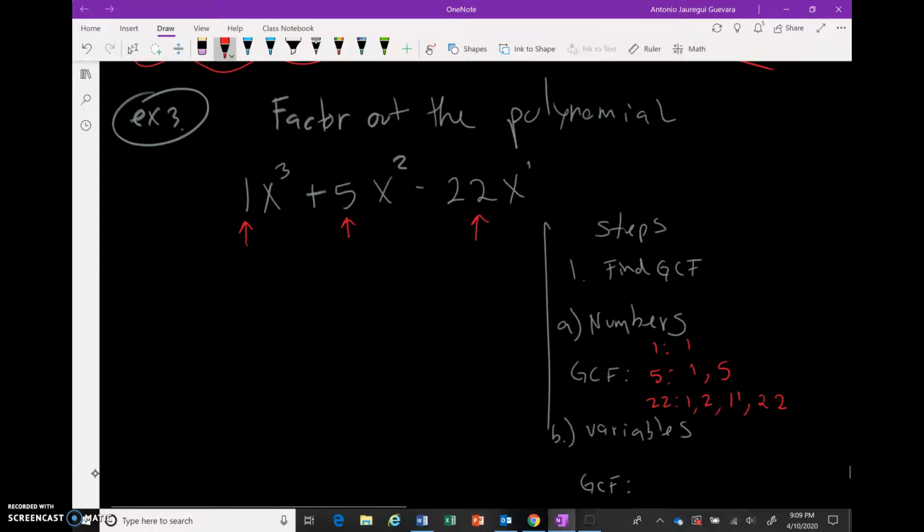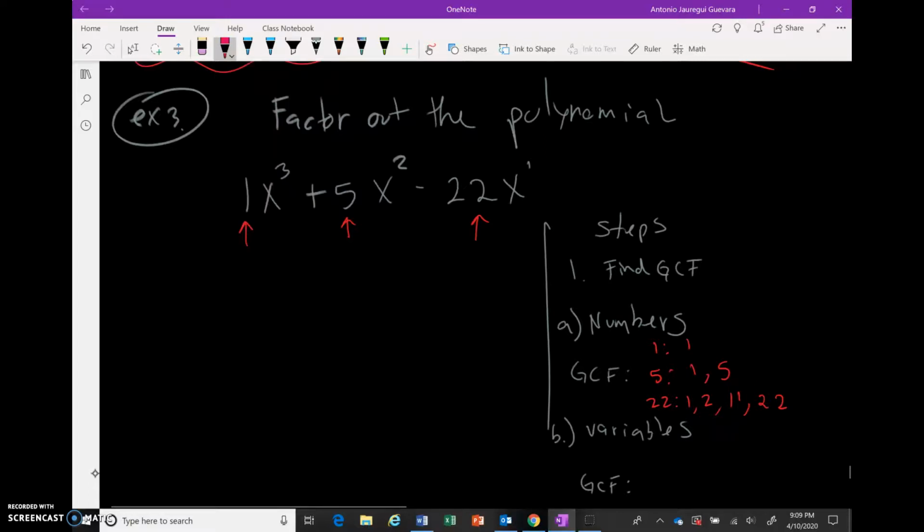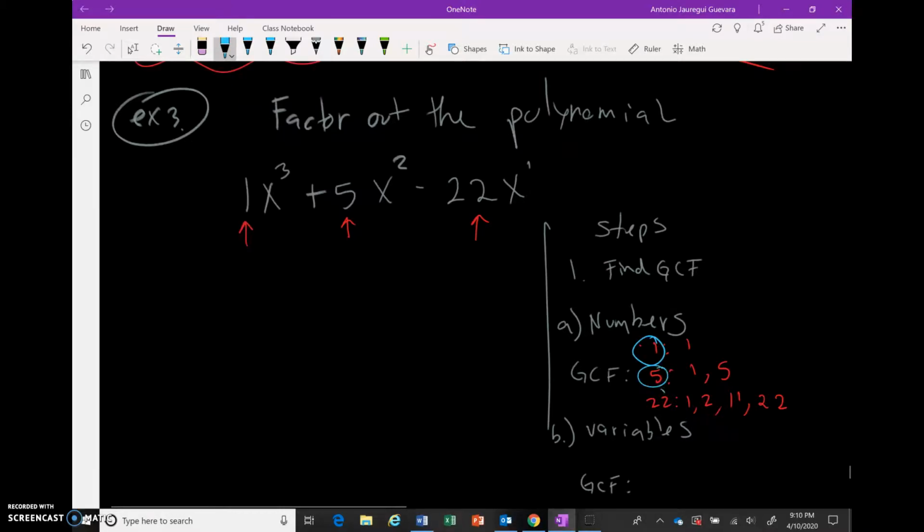Right. So then, if we look at this, our factors between 1, 5, and 22, really there's no numbers here, so our greatest common factor for numbers is 1. And our greatest common factor for the variables, right?